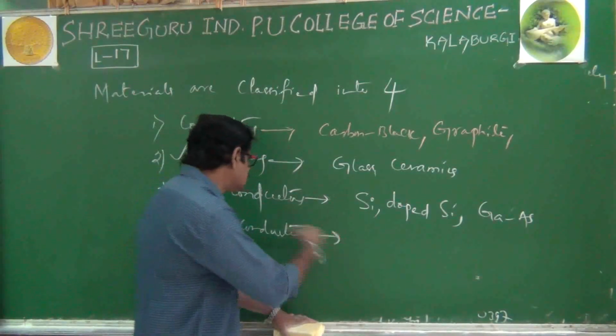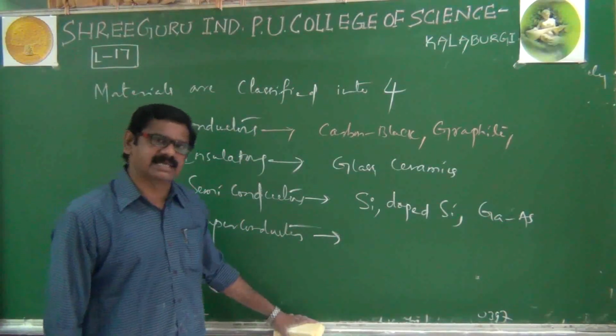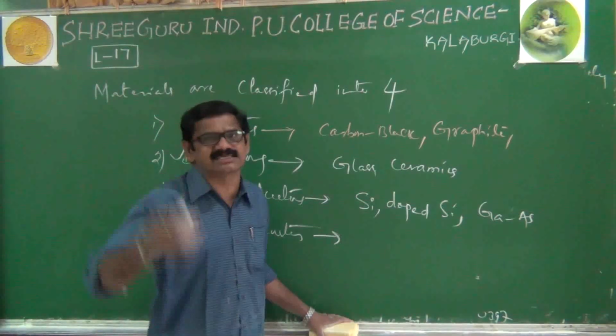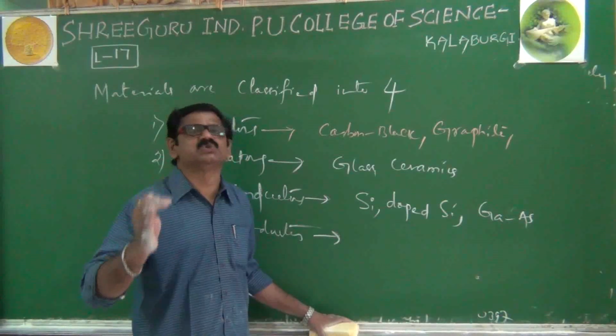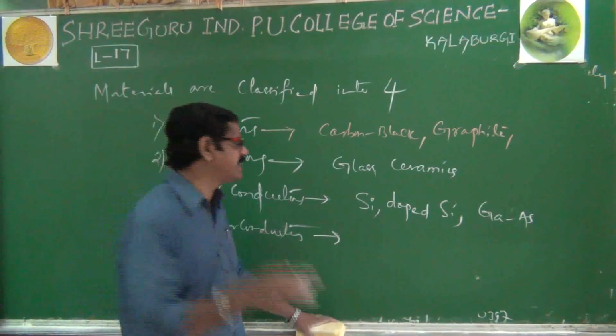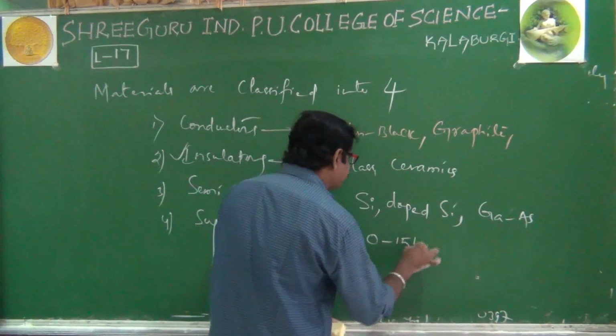Next, finally, superconductors. In the early stages, only metals and alloys were used as superconductors at very low temperature, that is from 0 to 15 kelvins.